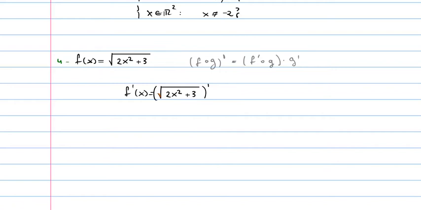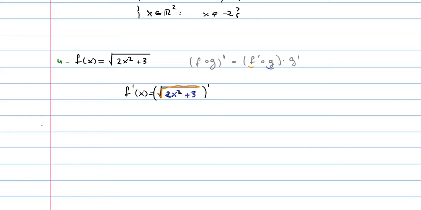And here we can just separate this as two functions. On one side we have the square root, and on the other side we have 2x squared plus 3. So the way we do this is the composition of the square root with this polynomial. So f would be the square root and g would be our polynomial.